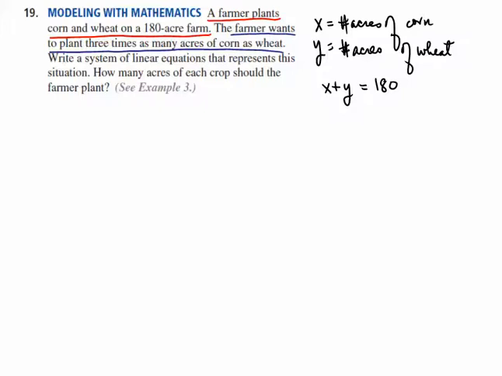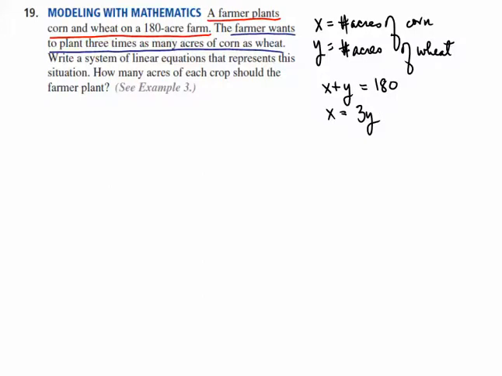They want 3 times as many acres of corn as wheat. And so it should be clear that you're going to have more corn than wheat. How much more? 3 times the wheat will be the corn. So x would be equal to 3 times y.